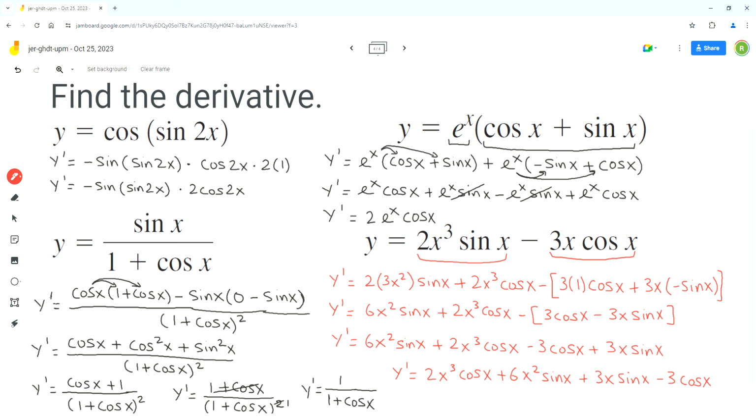So this can be the final answer for the derivative of this fourth function. These are the steps you have to keep in mind to solve a problem like this one.